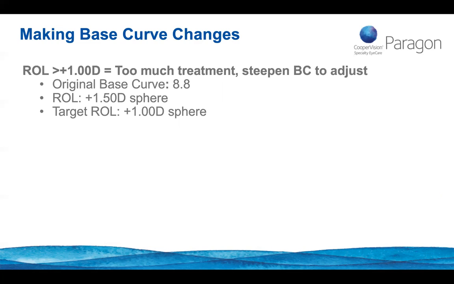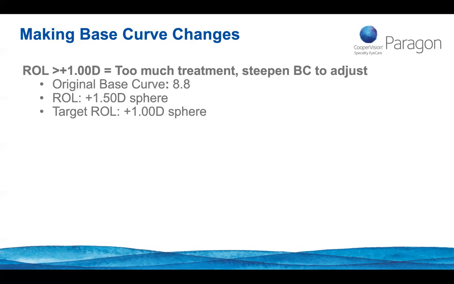Let's take this patient example. The original base curve for this patient is an 8.8. Our refraction over the lens, or our ROL, is a +150 for them to see well 20/20. Our target ROL is a +1. I'd recommend a +1 target for children and young adults.